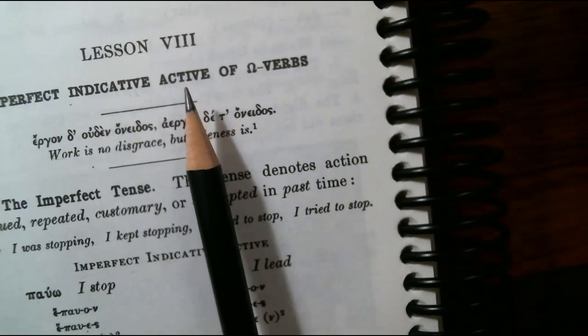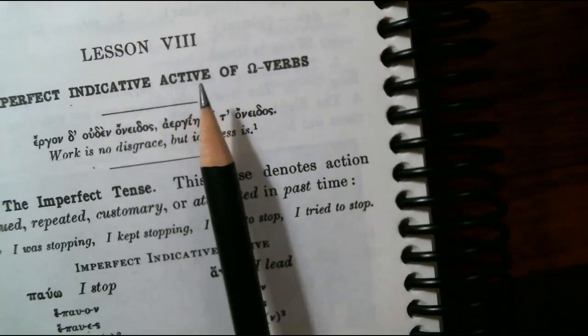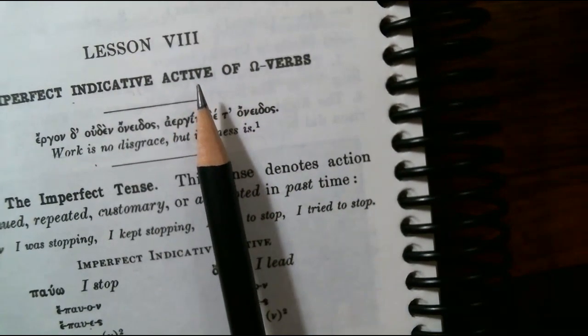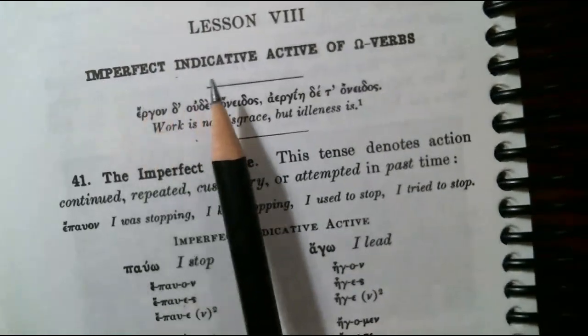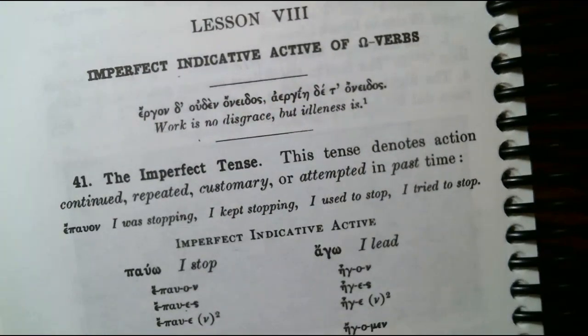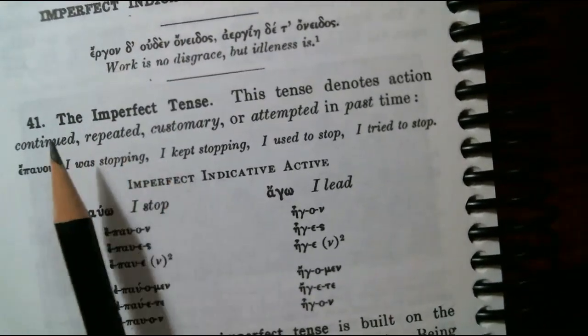So the voice is whether it is happening to the subject, or the subject is doing this action to someone else. Active means that the subject is doing it to someone else, and that is what we would call voice. So we have tense, mood, and then voice. And again, don't get bogged down with technicalities.